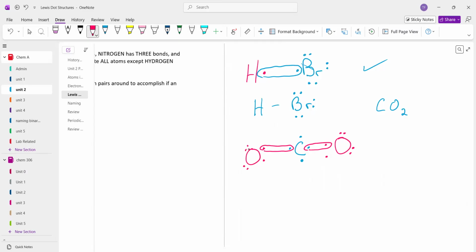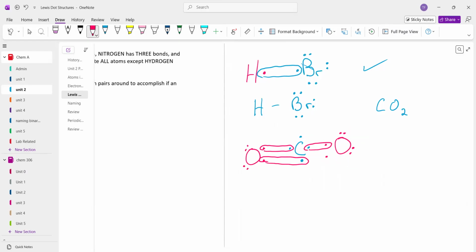Are there some singletons not bonded here? Yeah, there are. Here we have one, and here we have one that, notice, if I was going to connect it, it would be kind of a goofy looking thing. We'd have to go like that, and we don't want to do that because that is ugly.